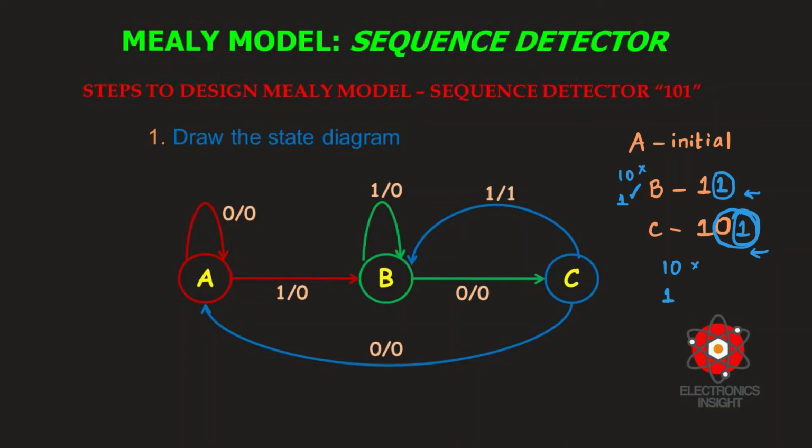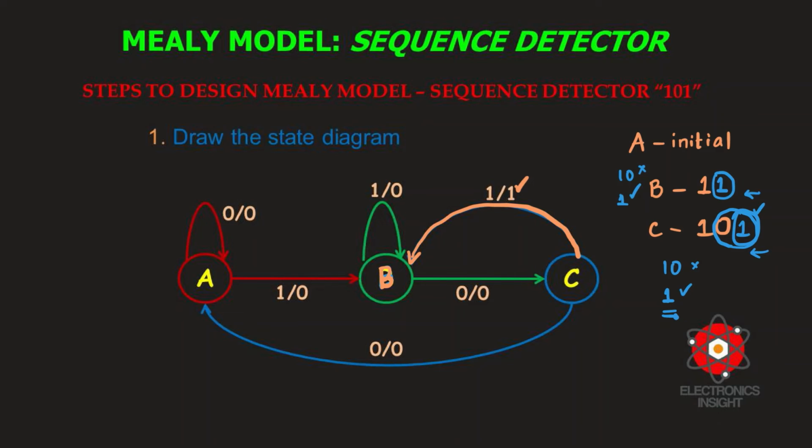In the desired sequence it is 1, and here it is 1. So it is the same. Until which state have you received 1? Until this B state. So C moves to B when the input is 1, and the output is also 1 because you have completed the sequence.